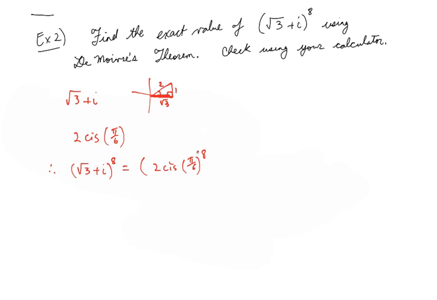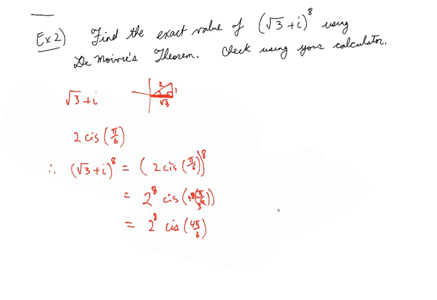And now we can apply de Moivre's theorem, which says take the magnitude of the inside, raise it to the power of 8, times the cis of this angle times 8. So this becomes 2 to the power of 8, cis of, that cancels, so that would be 3 and that would be 4. So it would be 4 pi over 3, right?